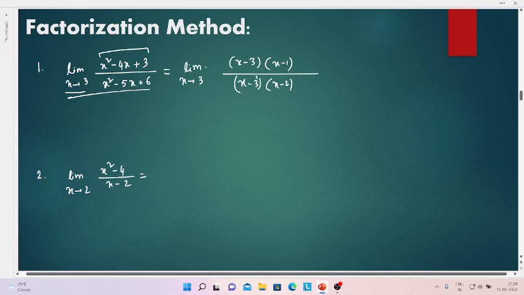Here you can see x minus 3 and x minus 3 are actually the same, so we can cancel that part, and you have to write on the right side that since x tends to 3, therefore x is not equal to 3, so therefore x minus 3 is not equal to 0. What does that mean? These symbols are very mathematical tools.